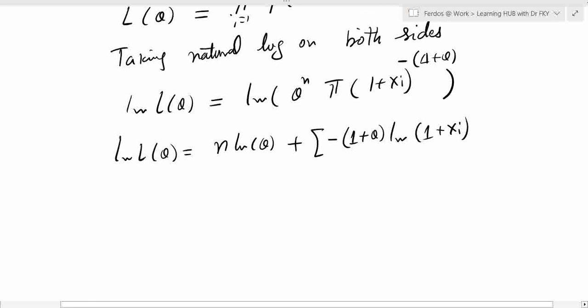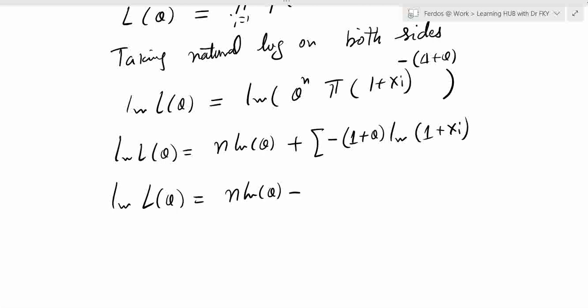Now you can do a little more with this. So let's do one step more. That is equal to n natural log of theta minus 1 plus theta times the summation of natural log of 1 plus xi.